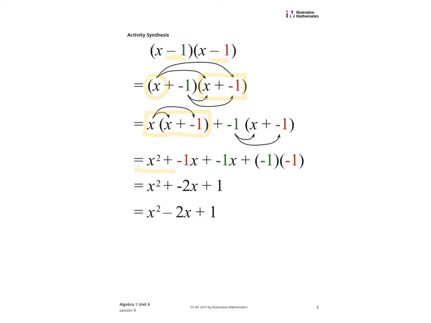X times x is x squared. X times negative 1 is negative 1x. And then we have that term times the same binomial, which is that here, which is all of this. All right, collecting like terms.